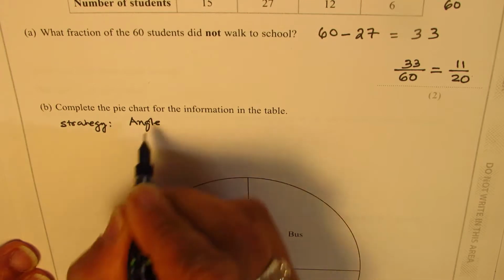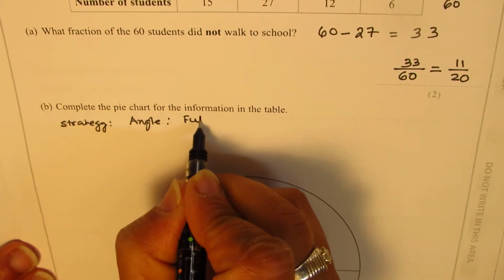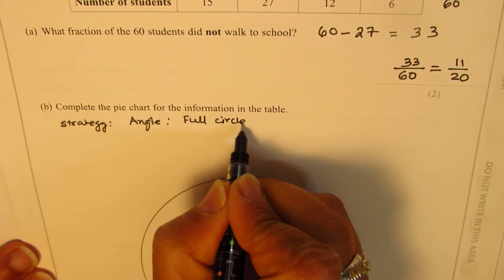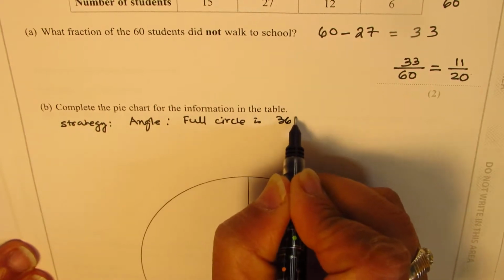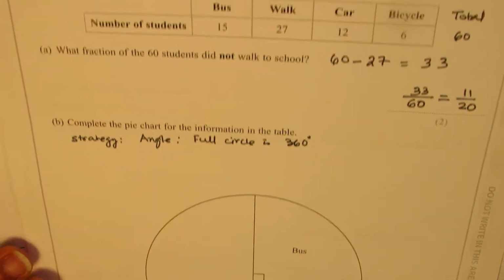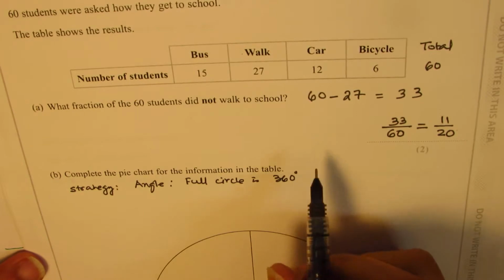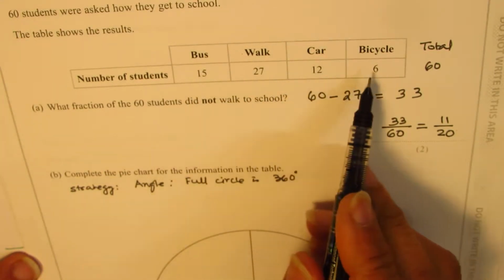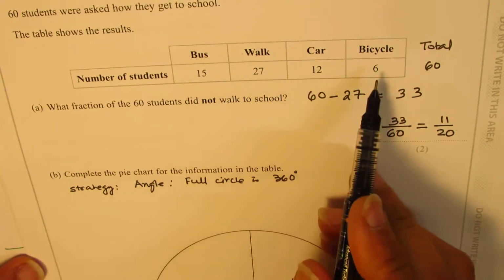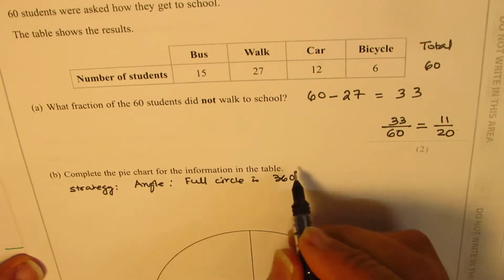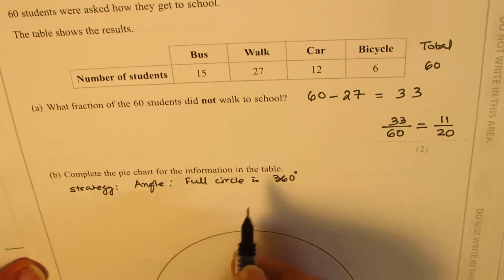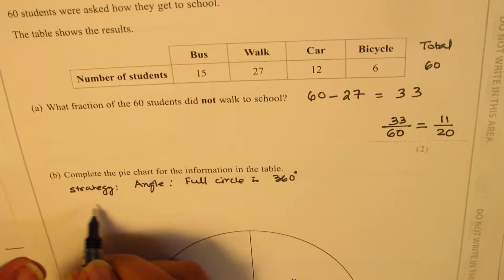Since a full circle is 360 degrees, we should see what degree each number or fraction represents.